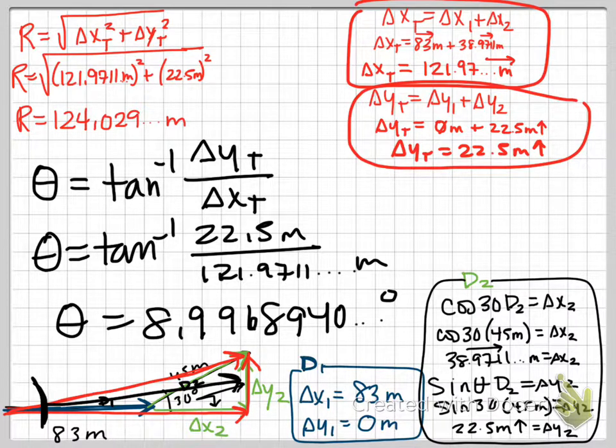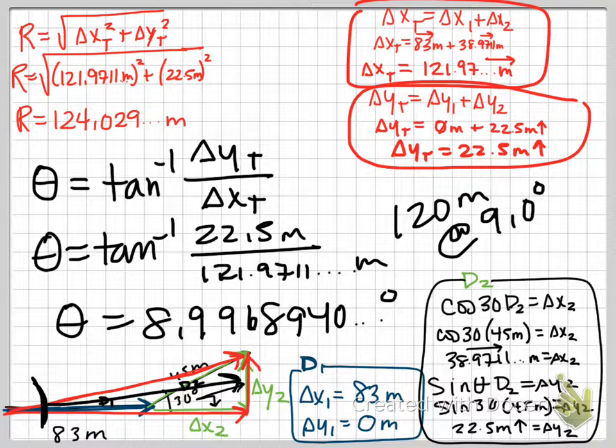What would that actually give me for my final answer for this whole mess? 3 sig figs, 2 sig figs. 120 meters at 9.0 degrees where? North of east? Oh, really? Okay, what did I screw up? Hold on. Yeah, that's not the right heading.